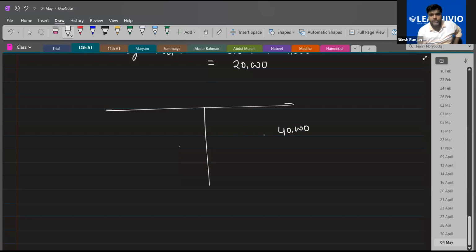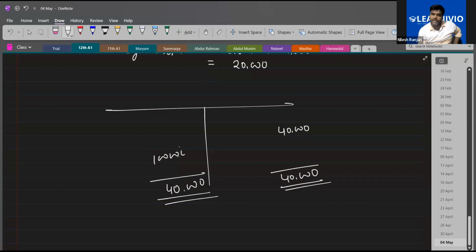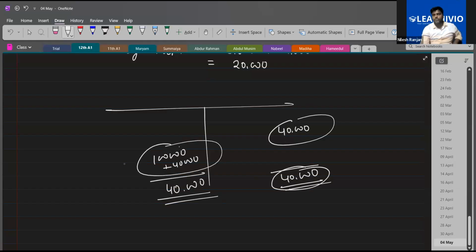Let's say if you increase your stock by 40,000, then total will increase by 40,000, and your profit will also increase by 40,000. So 1 lakh was your profit, now plus 40,000. So if you add closing stock on the credit side, then your total will increase by 40,000 and your profit will also increase by 40,000. So now the profit will be 140 and the remaining solution is same.